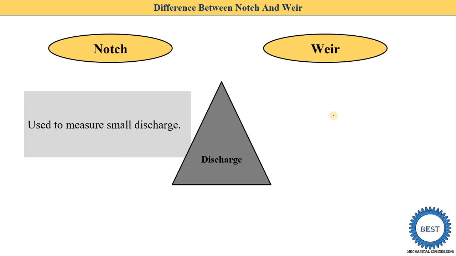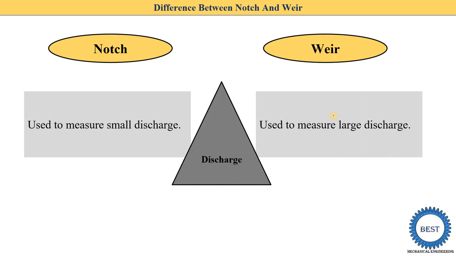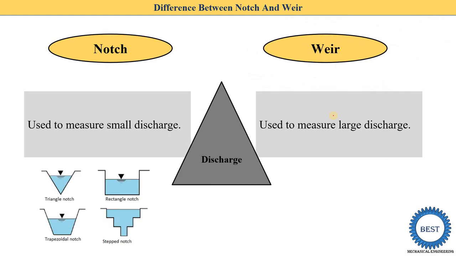So notches are used to measure small discharge, and the weir is constructed on a canal, river and dam. We already know that at those places the discharge is very high. So the weir is used to measure larger discharge.